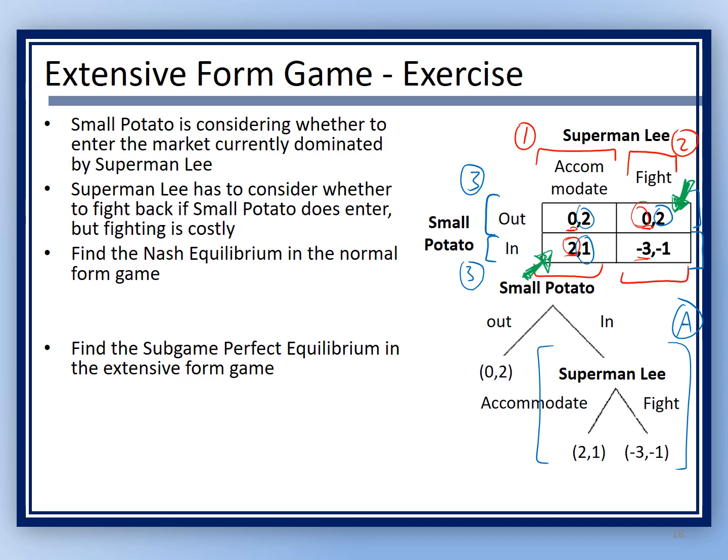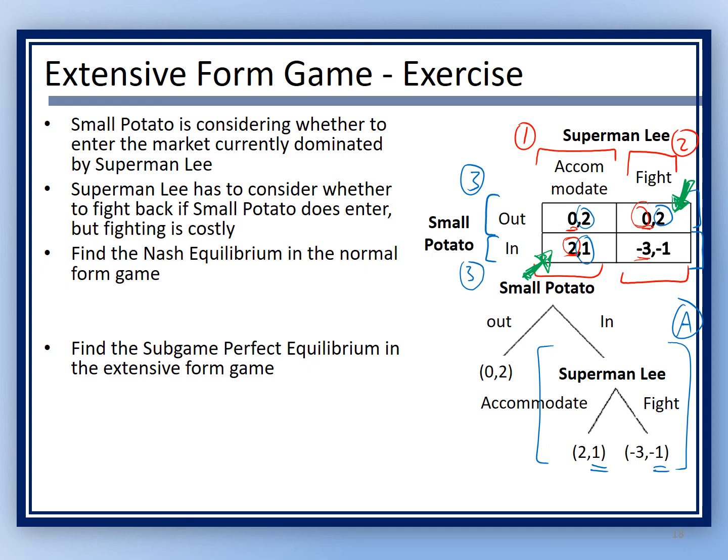Once again I'm using the numbers from above, so the order doesn't represent their order of decision. In the exam, I will make it clear what the numbers represent. Here I'm just following the numbers above, so the second number represents Superman Lee. If he accommodates, he earns 1. If he fights, he earns -1.